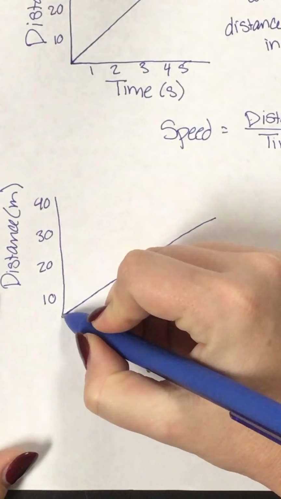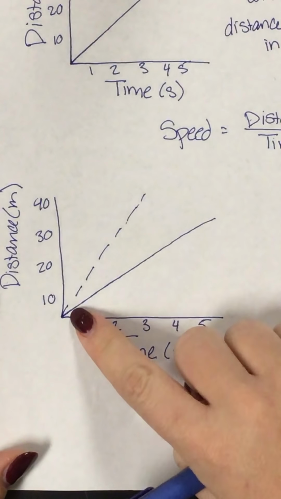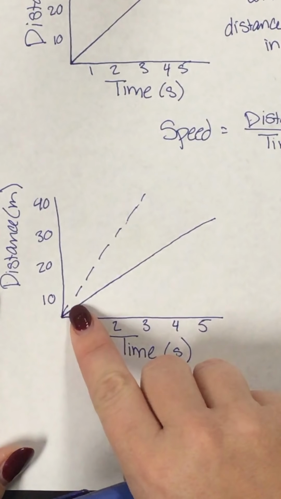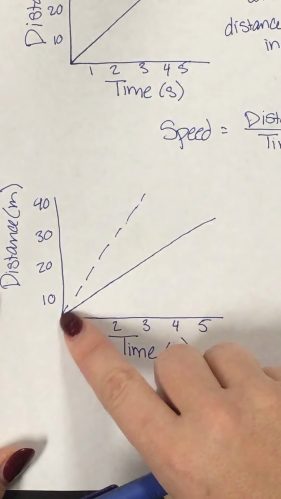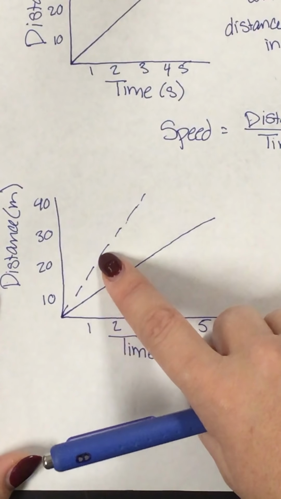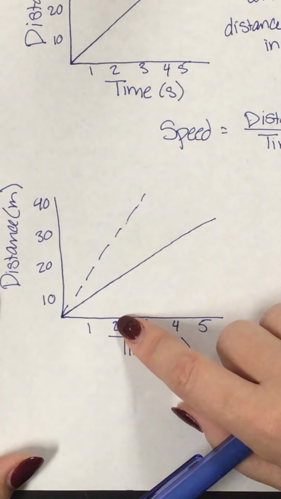Here's my second object, which is also moving in a straight line, but notice the differences in the angles of the line. This one is less steep, this one is more steep. A steeper incline indicates a larger distance moving in a given amount of time. Let's look at 2 seconds.